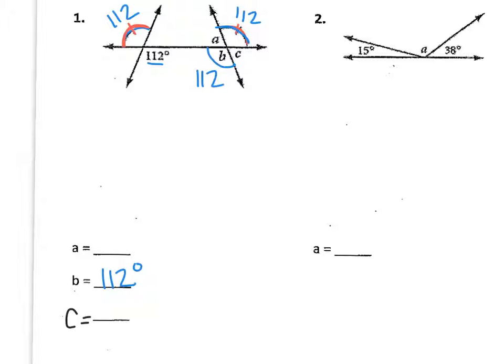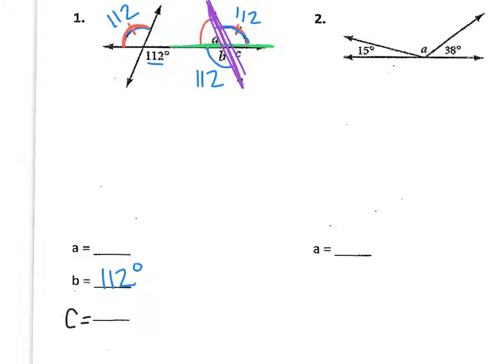The next thing I notice is that if I want to find angle A, I'm going to pick a different color. Angle A makes a straight line with angle B right here.